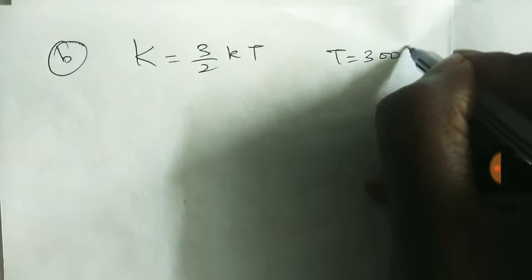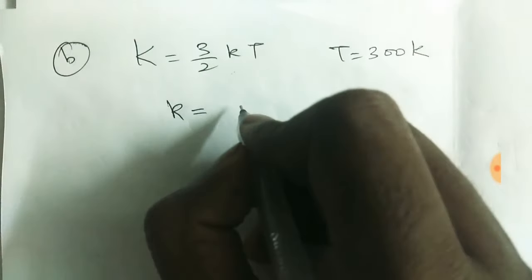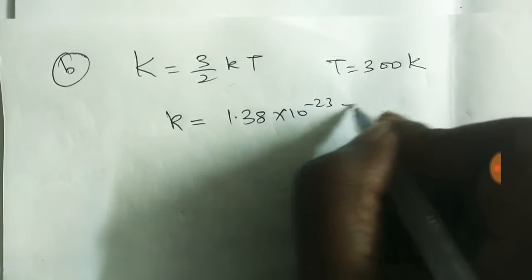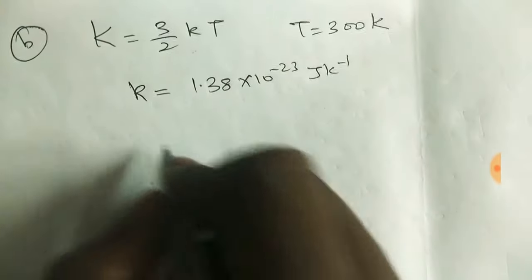Okay, next subdivision. K is given, K equal to 3 by 2 kT. Temperature is given, T equal to 300 Kelvin. The k value is already given, it is a constant 1.38 into 10 power minus 23 joule Kelvin minus 1. You know the formula. What is the de Broglie wavelength formula?